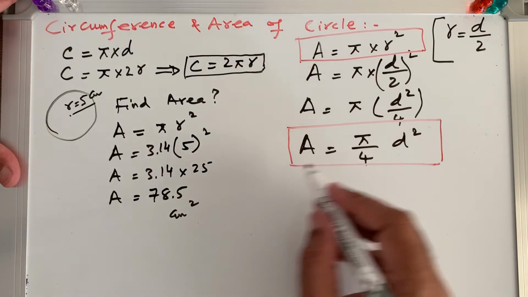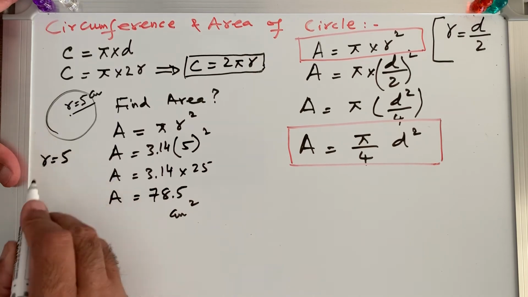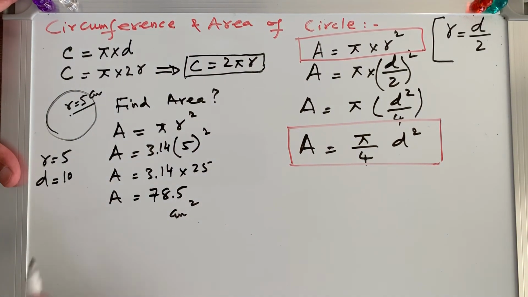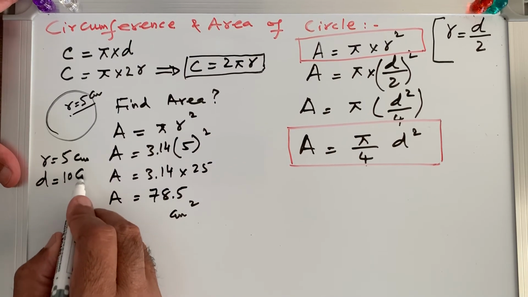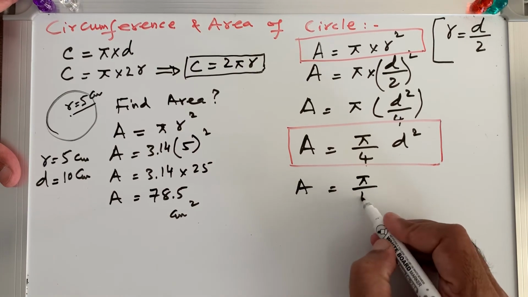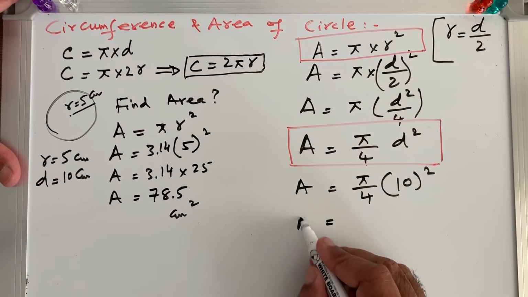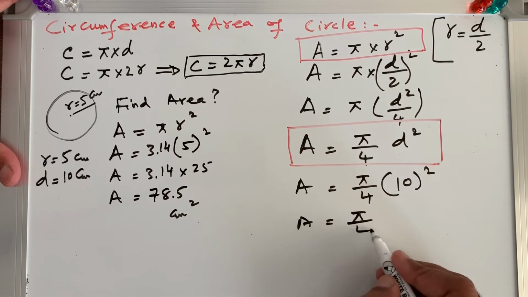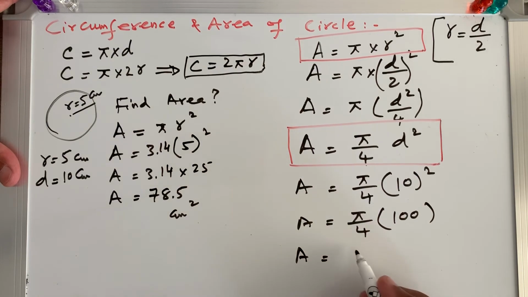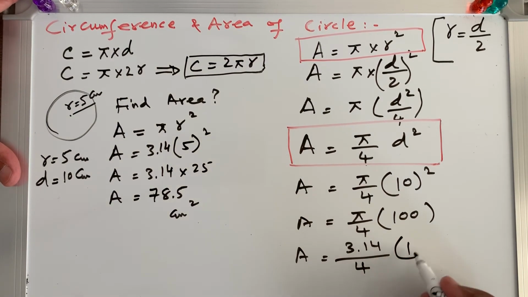Now I will put the same value in diameter, because if the radius is given as 5, what is my diameter? Diameter is 10, right? 10 centimeter. So this time I will substitute here pi by 4, diameter is 10 square. So I will say A is equal to pi by 4. 10 square is 100. I will substitute the value of pi, 3.14 divided by 4 times 100.